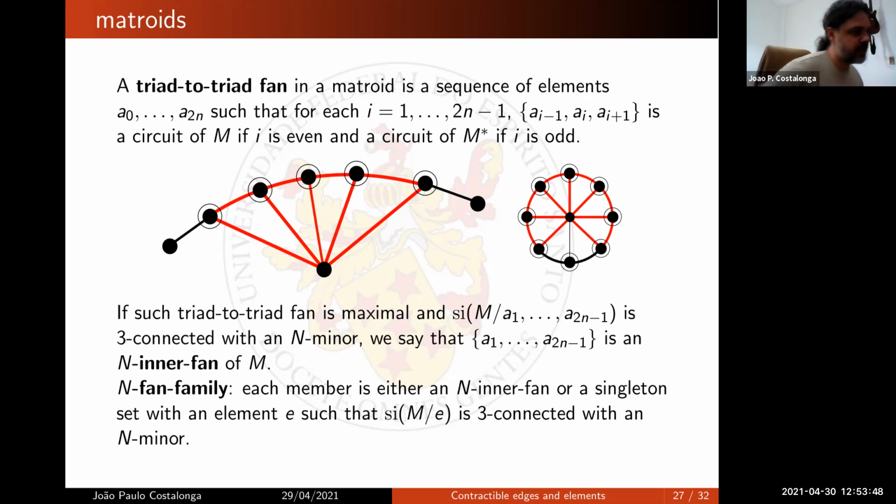And the bonds are the circuits of the dual matroid. Recalling, the dual matroid is the one that has as bases the complements of the bases of the primal matroid. And the bases are the maximal sets which do not contain circuits.